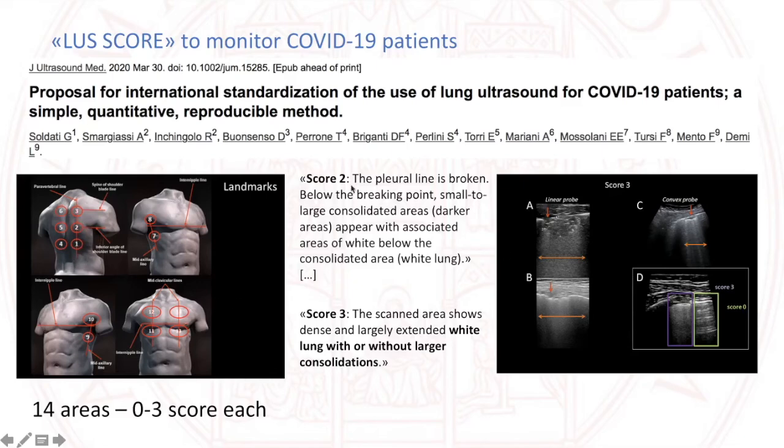And also the score system is a little different, since a score of 3 is given to a very dense white lung, as in this case, and since they consider little consolidations to be normal also in score 1 and 2. But independent of which score system you use, it is important to monitor patients and to see how they evolve over time.